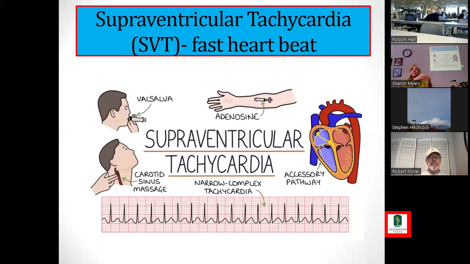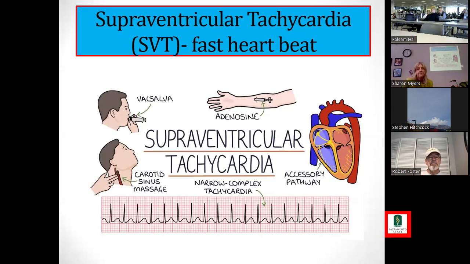The heart, remember, has to relax and contract. If your heart's going really fast on the top, there's not enough time for the heart to fill with blood. So the cardiac output is less. That's why you feel so lousy if it's going really fast. If you have SVT and it's only going at 130 beats a minute, you probably will feel just fine. But if it's going at 180, 200, 220, you're going to feel pretty lousy.